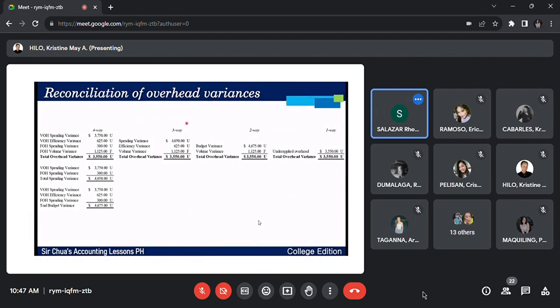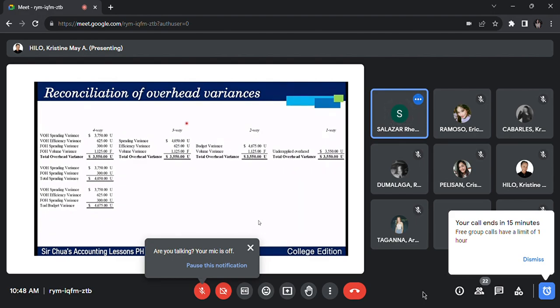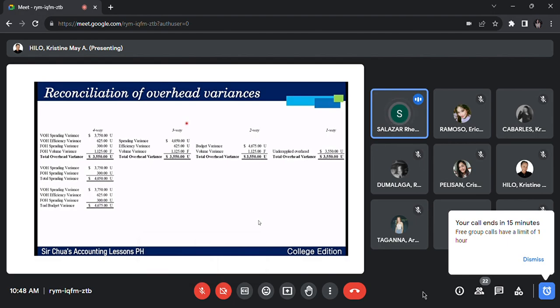So in the reconciliation of variances, we will list all the overhead variances. We start with the four-way. We list all those overhead variances. The first is the variable overhead spending variance, which is 3,750 unfavorable.